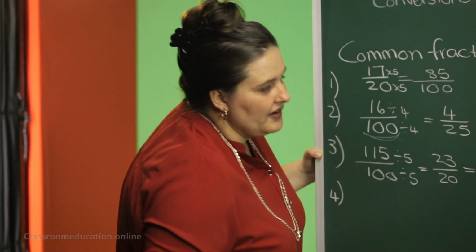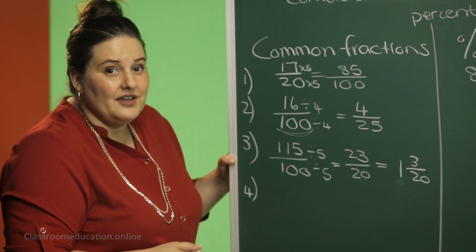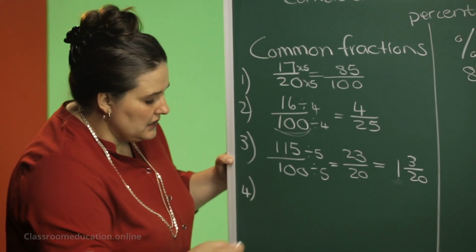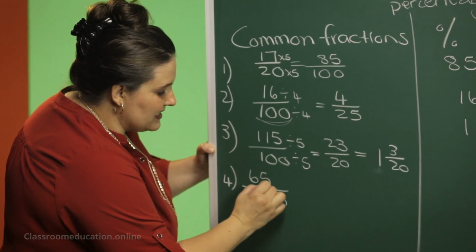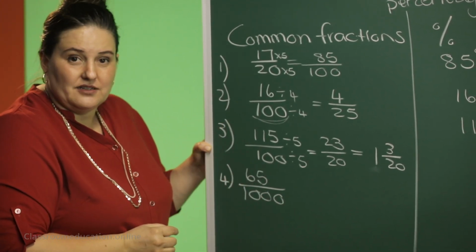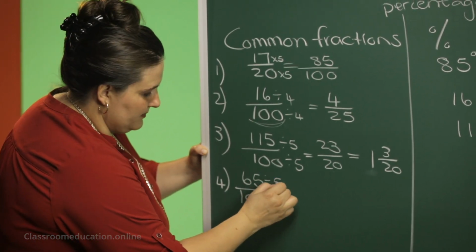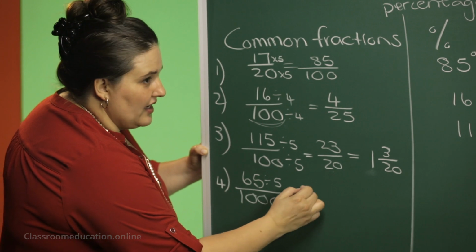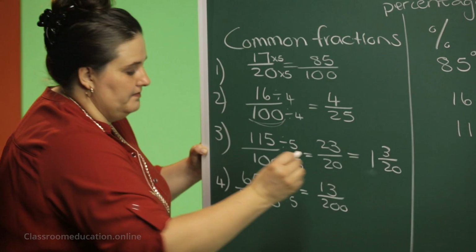So 0.065 means it's 65 thousandths. So 65 over 1,000. There's my common fraction. But simplify. So we're going to divide by a 5. And I will have an answer of 13 over 200.